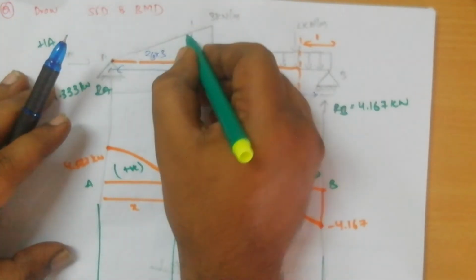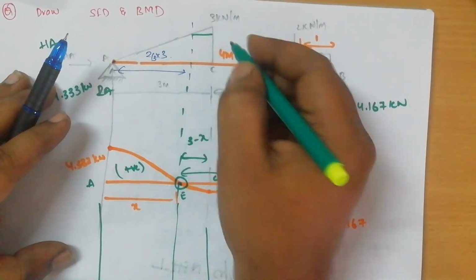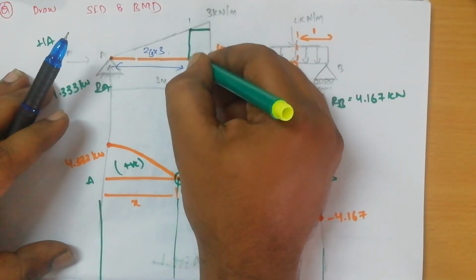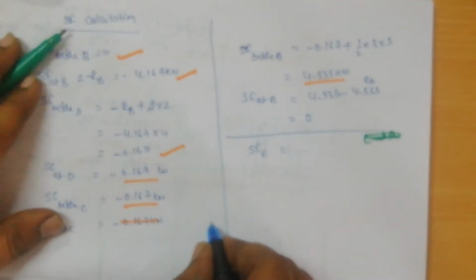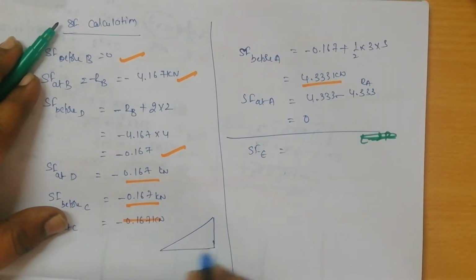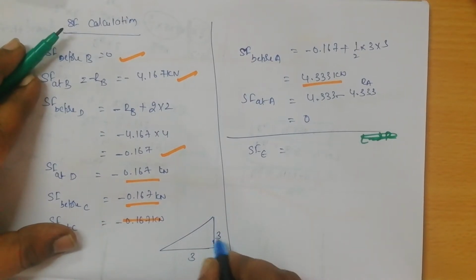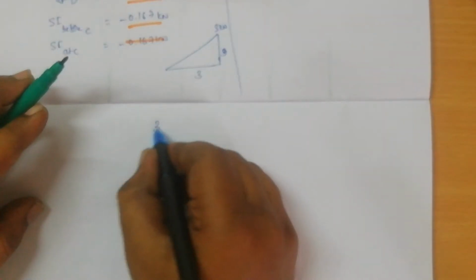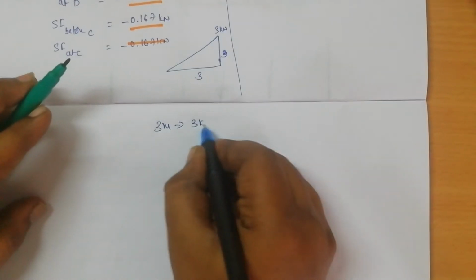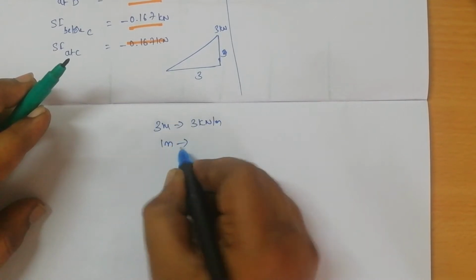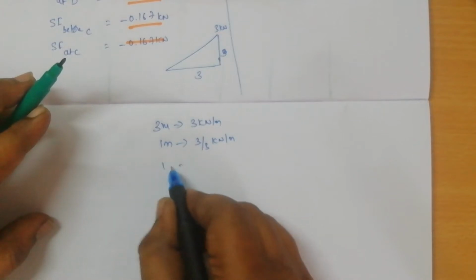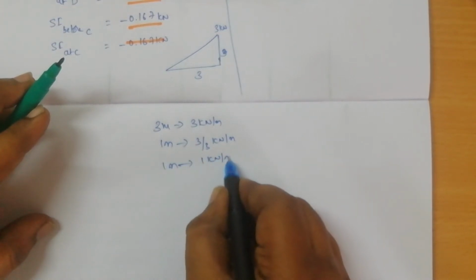So if this is x, I will split this, because at this section we are having this part. So what is this length? How to identify that length? We already know that this UVL is for 3 meters, for a height of 3 kilonewton per meter. So 3 meters will give you 3 kilonewton per meter, so 1 meter will give you 3 by 3, that is 1 kilonewton per meter.